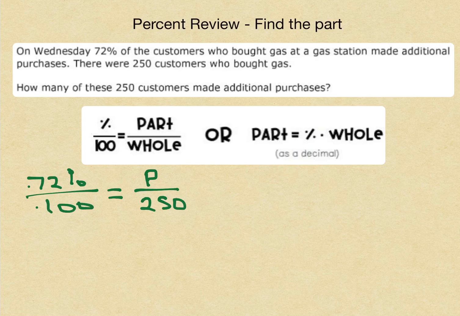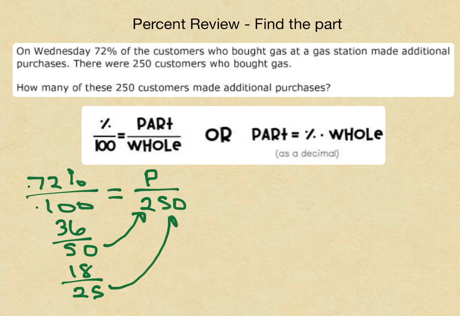If you divide both of these by 2, 72 divided by 2 and 100 divided by 2, you would get 36 over 50. Now there, if you wanted to look for the relationship between 50 and 250, you could do that. You could also divide this again by 2, which would give you 18 over 25.